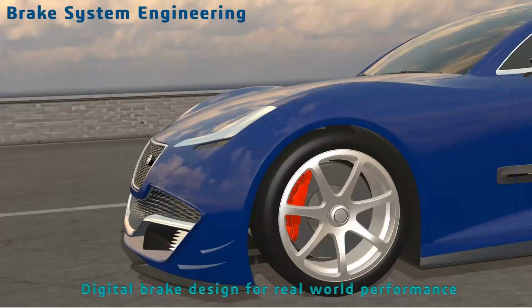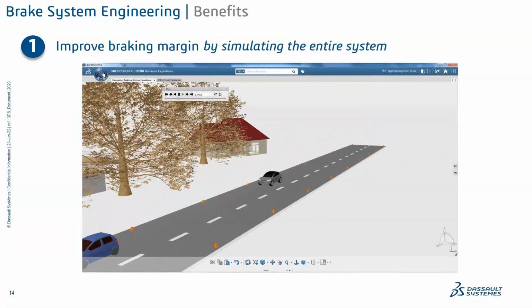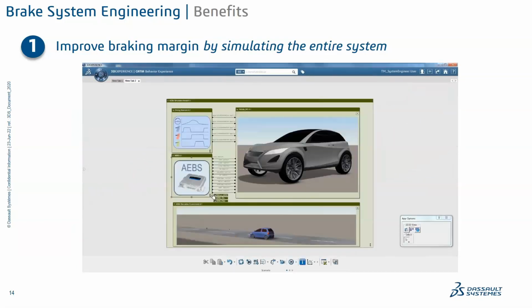Through brake systems engineering IP, what we offer allows engineers to digitally design brake systems for real world performance. Now let's look at the benefits of the brake systems engineering IP.